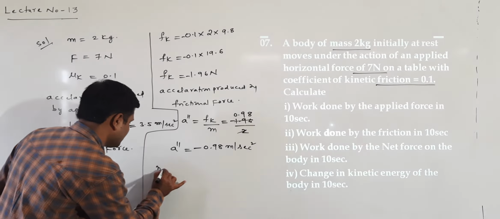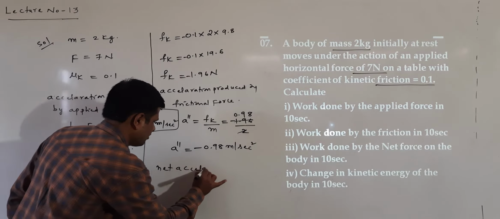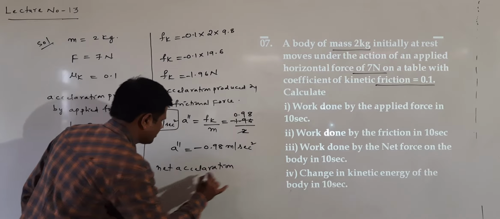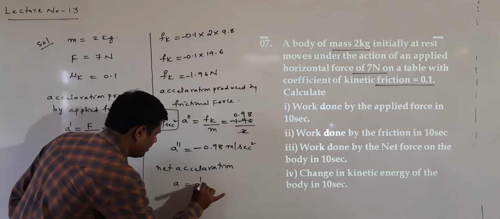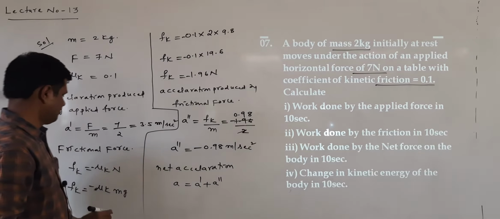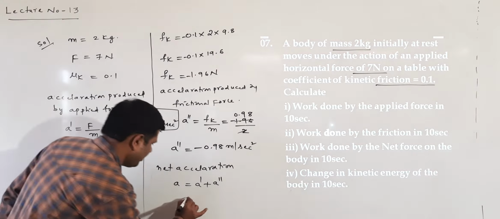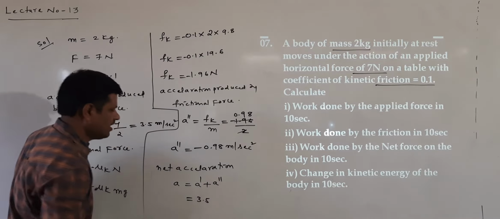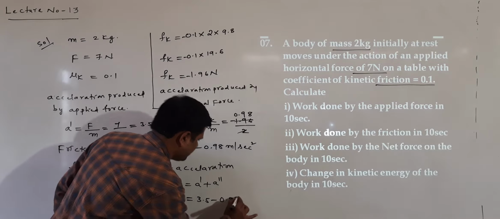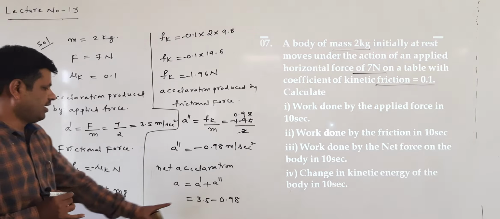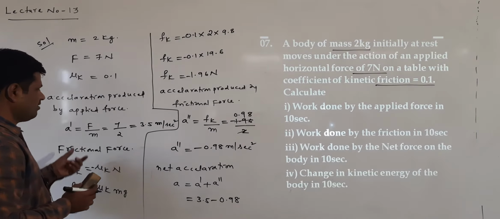Now net acceleration I want to find here. Net acceleration A is equal to A dash plus A double dash. A dash is equal to 3.5. A double dash is equal to minus 0.98. Now I am writing here again.